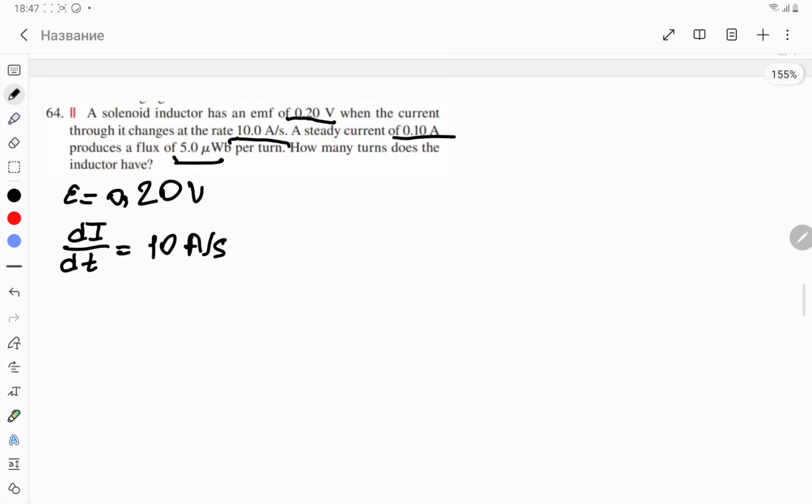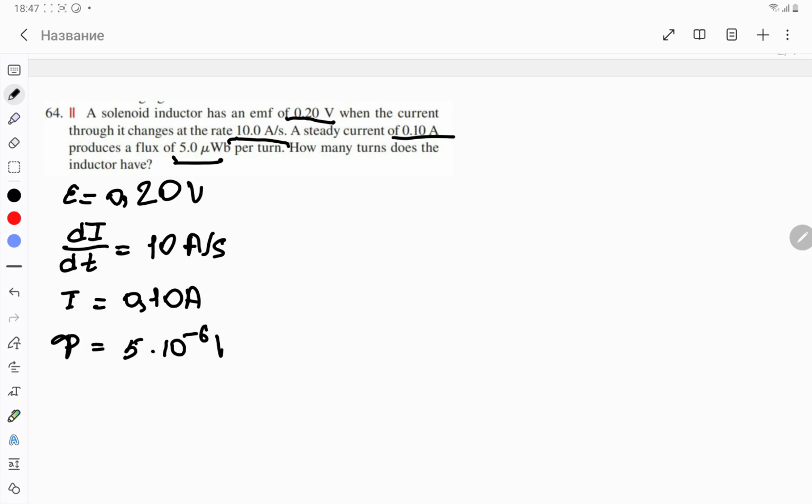The next is the steady current, I is equal to 0.10 ampere, and the magnetic flux per turn is 5 microwebers, so we need to convert. We already wrote it. So next, we will find the inductance using this formula, EMF equals L times delta I over delta T.